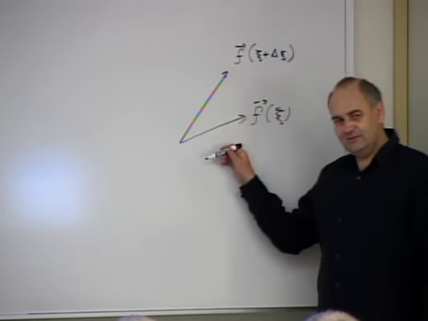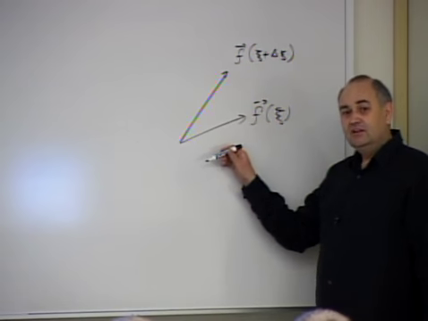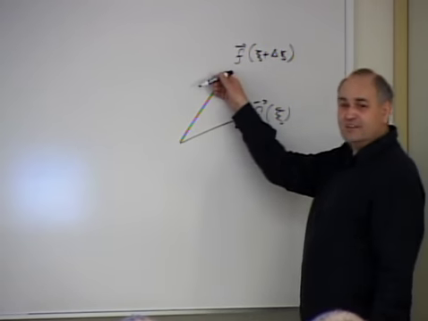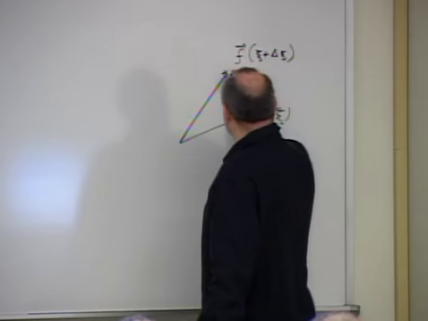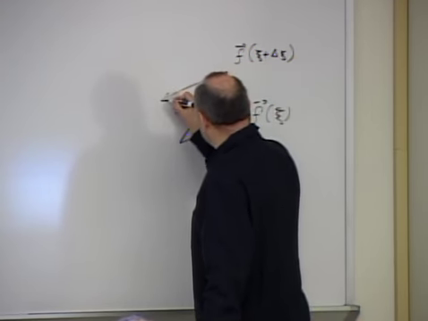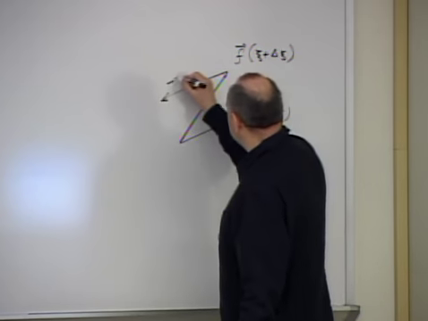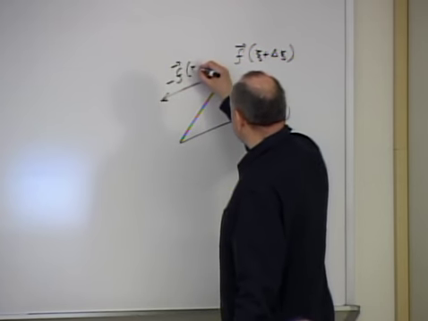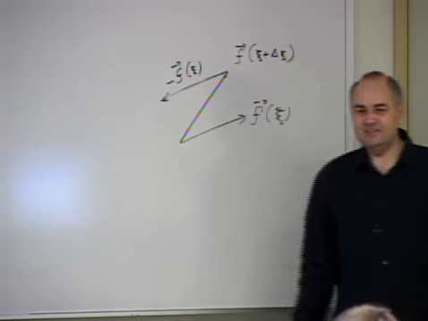Now what do I have to do with that vector? Bring it there, right? Okay. Yeah, so this vector is minus f of psi. And now what am I supposed to do?